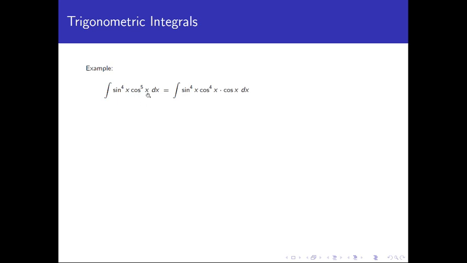Well, if I let u equal cosine x here, then my du would have to be negative sine x dx. So I would have to peel one of these sines off over here to make a du piece. That would leave me with sine cubed. We cannot easily change sine cubed into powers of cosine.